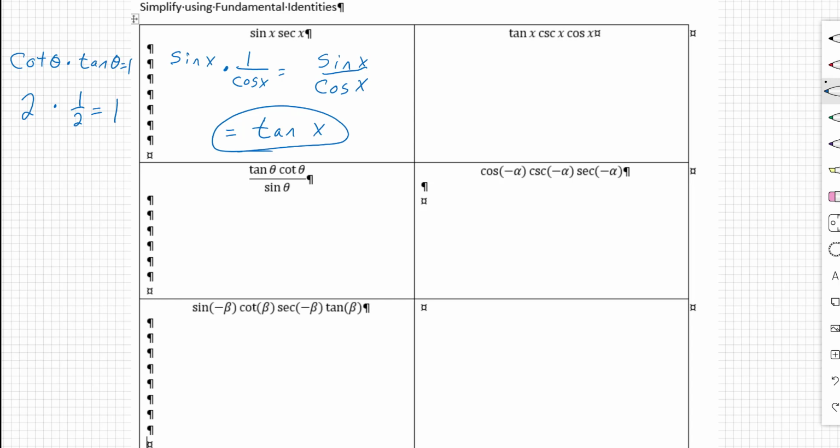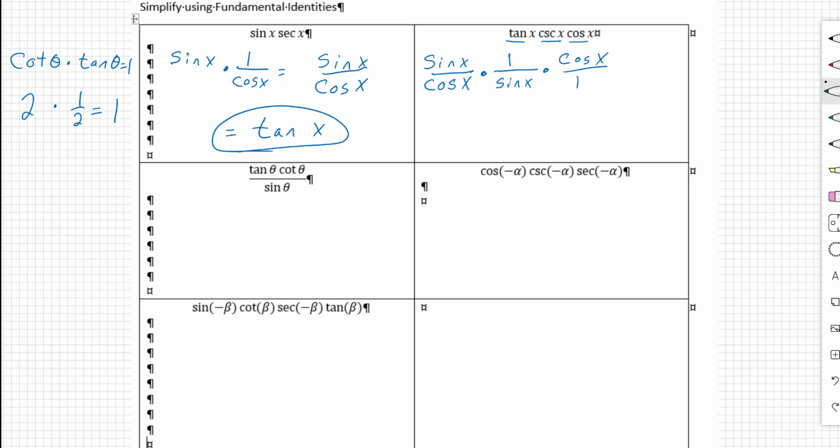We've simplified this expression. How about tangent x cosecant x cosine x? That's a mess. Let's see. Well, we have a cosine here, and we have the reciprocal of sine there, and we have sine over cosine. So let's just write it all out and see what happens with this. Tangent x is the same as sine x over cosine x. Cosecant x is the same as the reciprocal of sine x. And cosine x, we'll just leave it alone for right now.